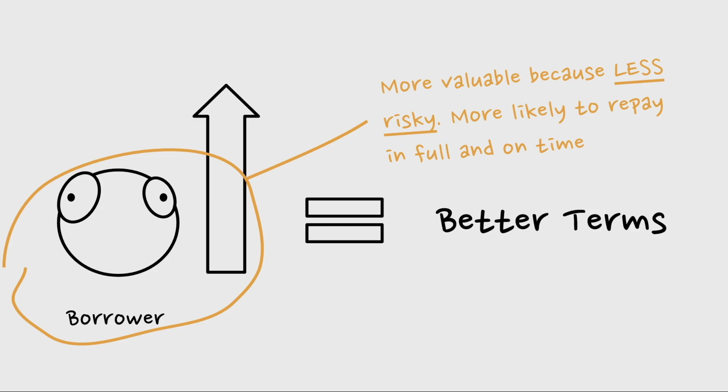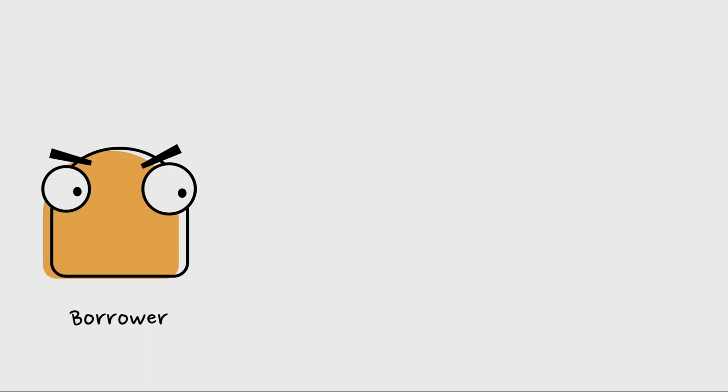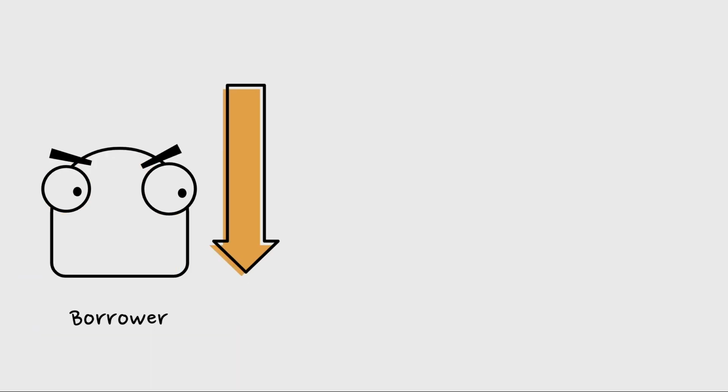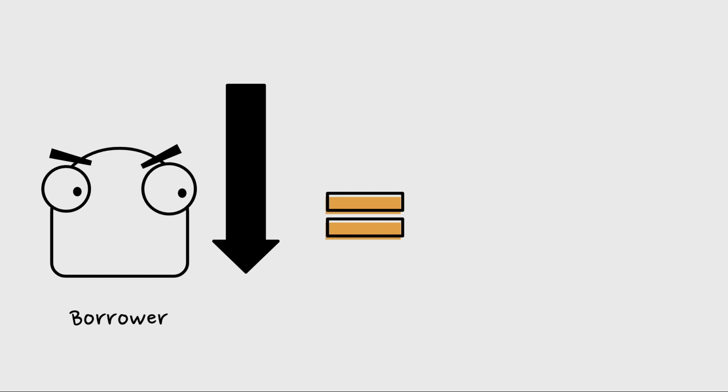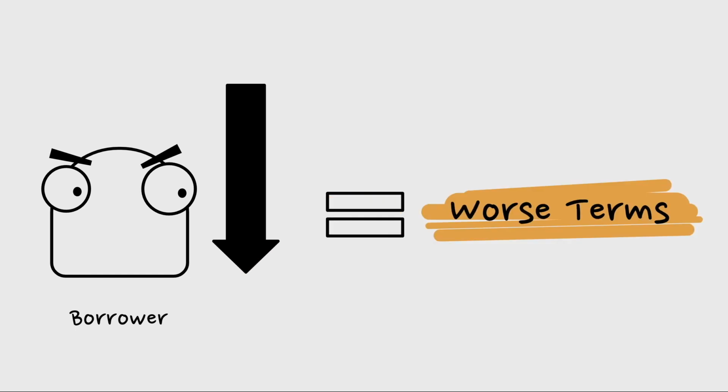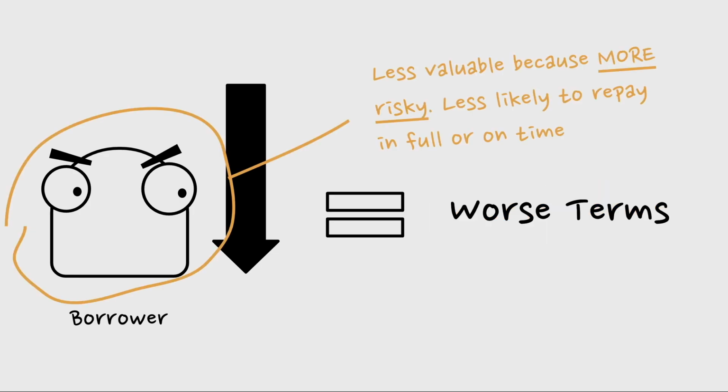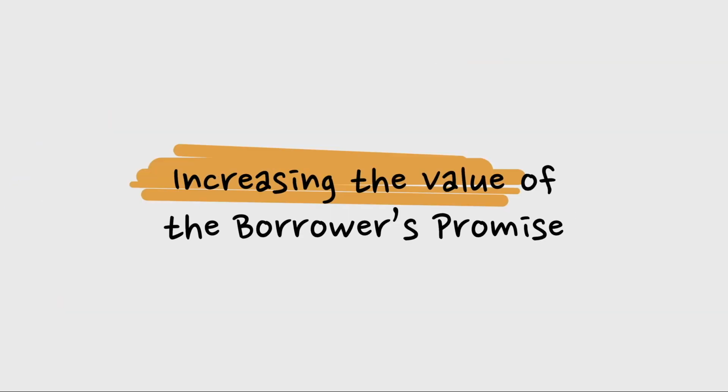He's more likely to repay the money on time and in full. On the opposite end of the spectrum, if we look at Bo, and Bo is a low value borrower, his promise to pay is not worth much, then he's going to get worse terms, because he's more risky. If he's more risky, that means he's less likely to repay the money on time, or in full, or at all. And therefore, he's going to get worse terms.